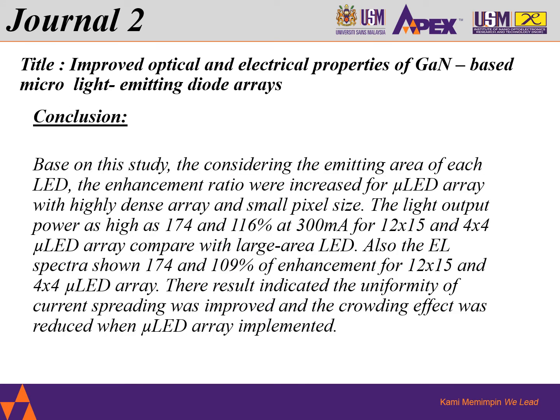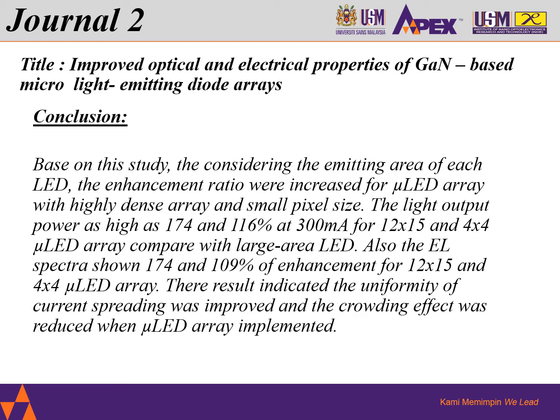The last part for Journal 2 is the conclusion. Based on this study, the emitting area for each micro LED is increased for the micro LED array, which has higher density and small pixels. The light output also increased by 174 and 116% at 300 milliampere for the 12 times 15 and 4 times 4 micro LED arrays compared with the larger LED.